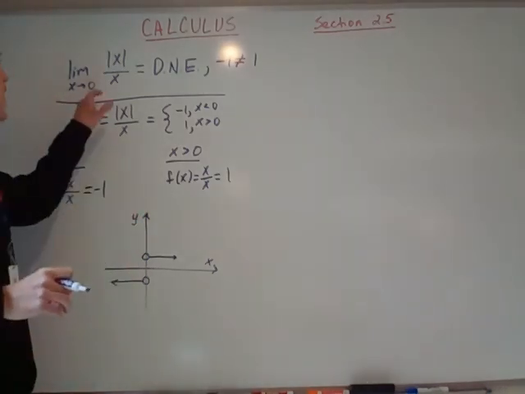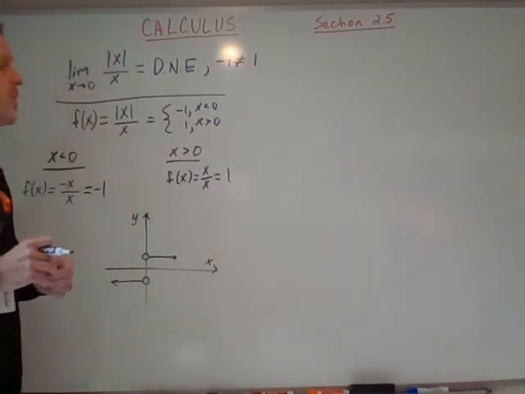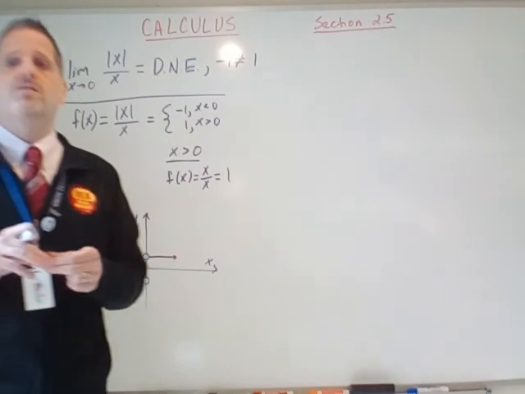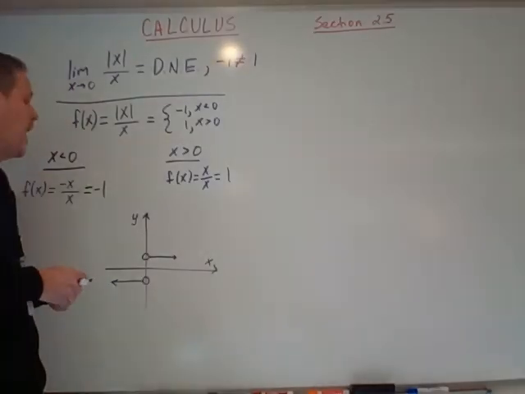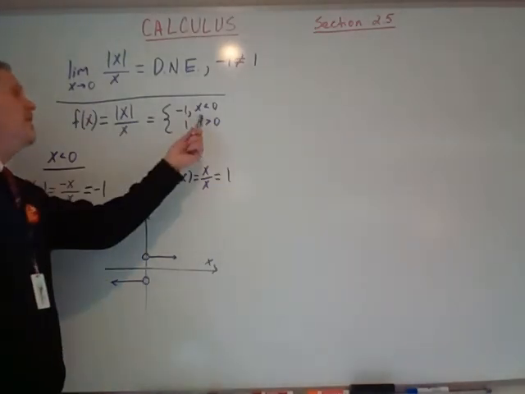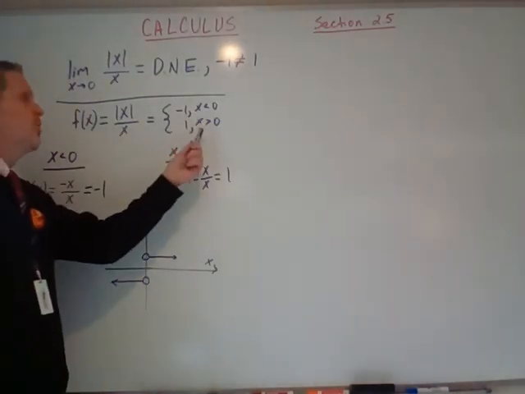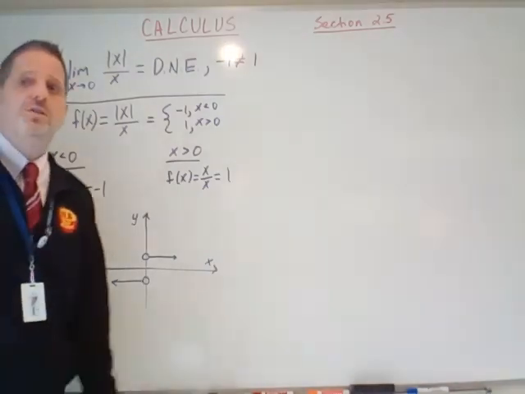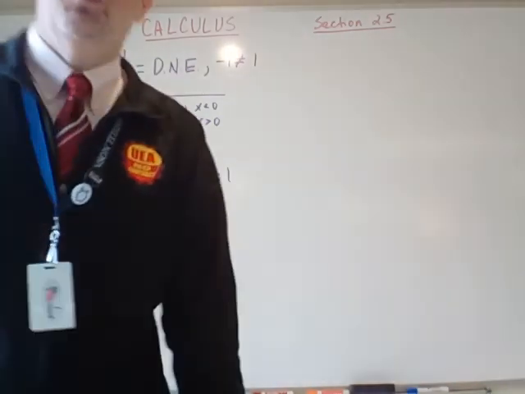This double side limit at 0 for absolute value of x over x does not exist. We determine that by making it into a piecewise function, in this case a piecewise linear function. Even though it's in a piecewise function format, it's still discontinuous at 0.